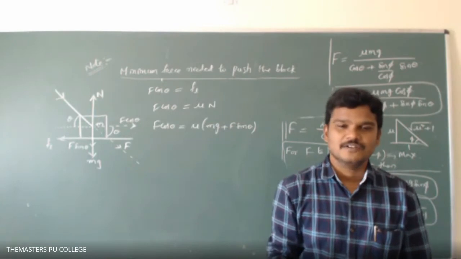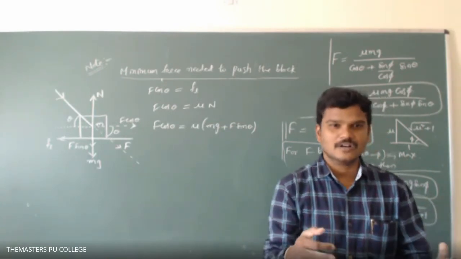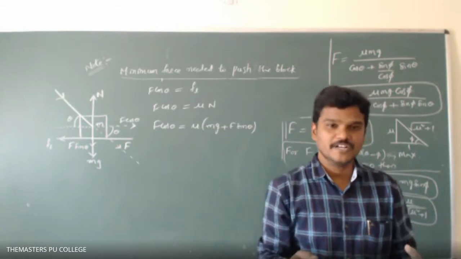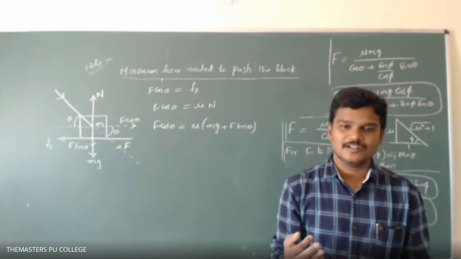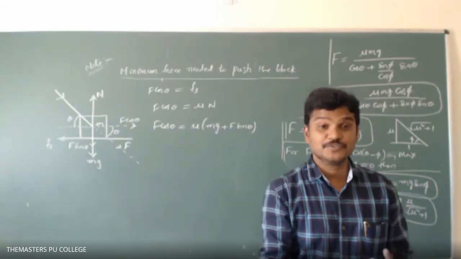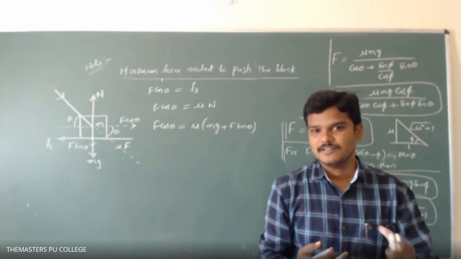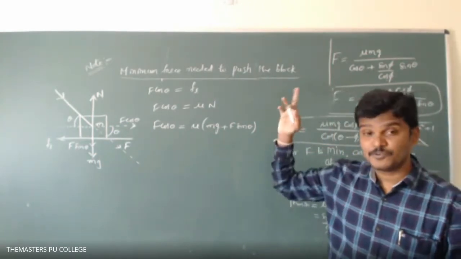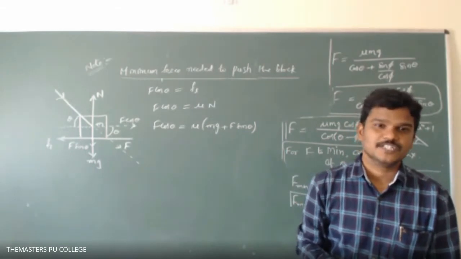So pushing is tough. If a roller, a lawn roller, any spherical body or cylinder is placed on a table, is pulling easy or pushing easy? Pulling is easy, because in case of pulling the frictional force is less, and in case of pushing it is more.